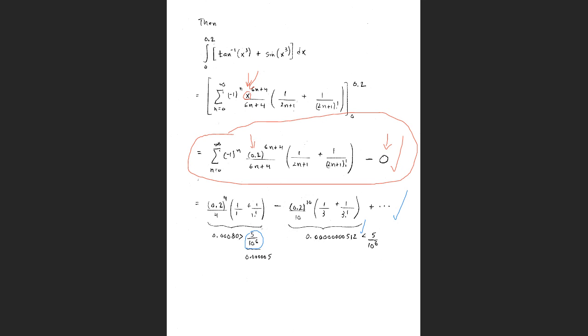And remember, it would make sense you wouldn't need too many terms because for the definite integral, the limits are from 0 to 0.2. If it were like from 0 to 0.8, you might very well need to use 2, 3, or 4 terms. Who knows?